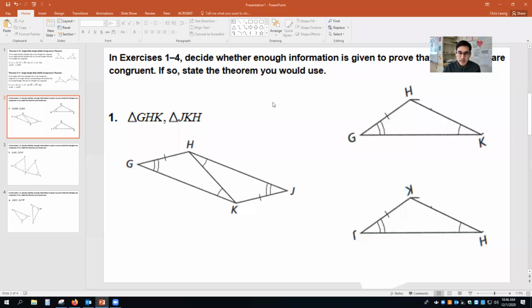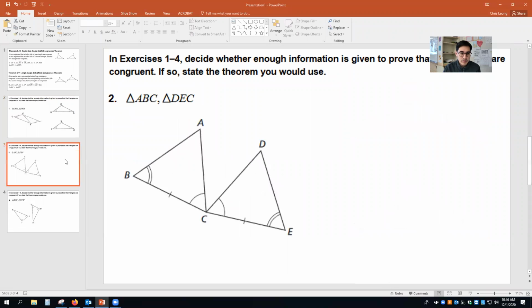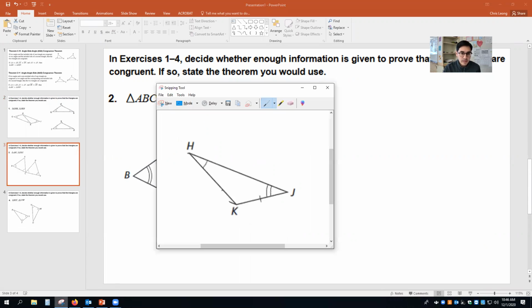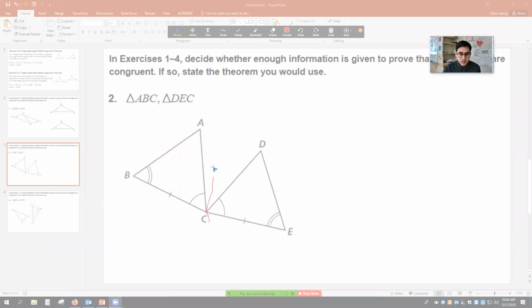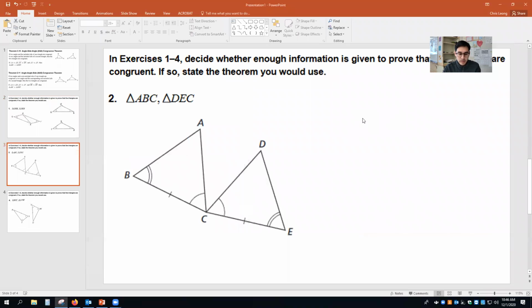Let's look at the next one. So here are two additional triangles. Let's do the same thing. Let's use the snipping tool to put them in the same orientation.